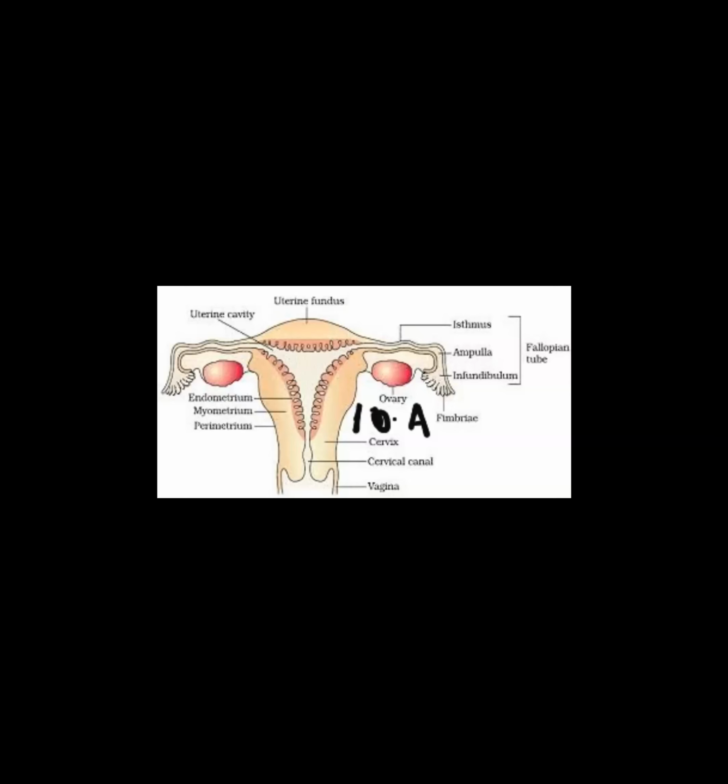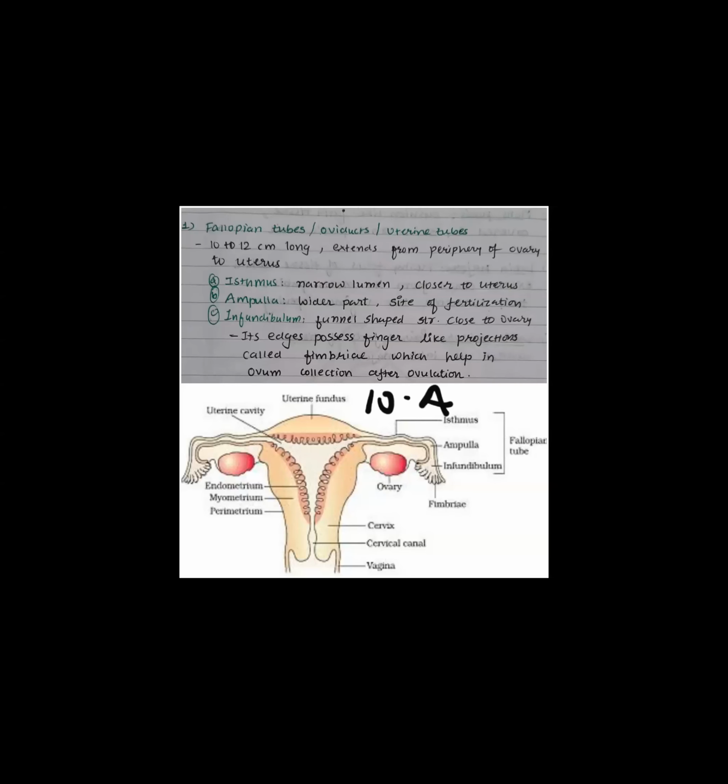Let's talk about the other parts of the reproductive system in a female. First one, the accessory ducts.